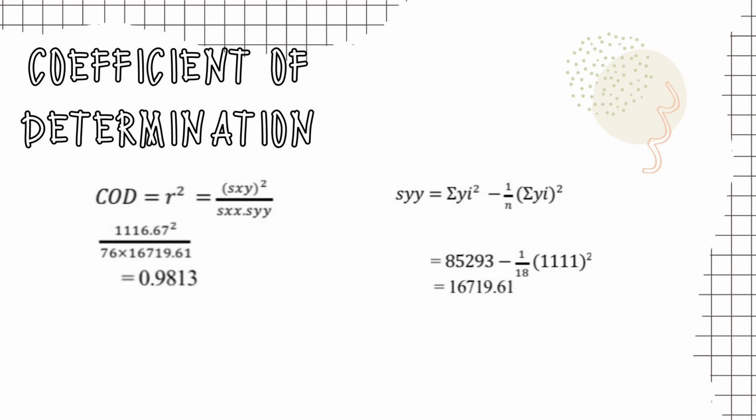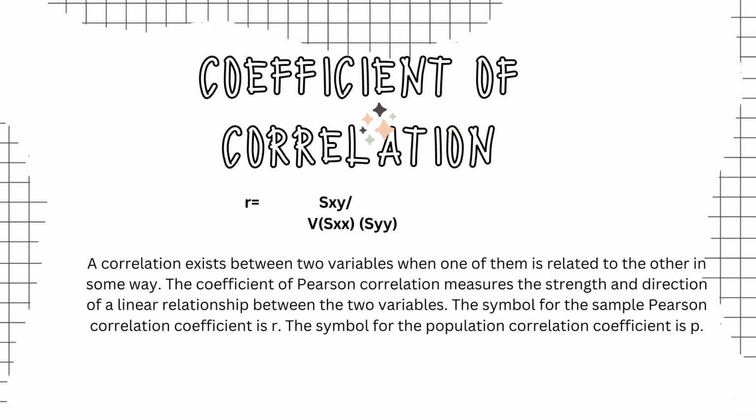For the next, we will see an example of the equation using the coefficient of determination. For the coefficient of correlation, we use r is equal to Sxy over the square root of Sxx times Syy.